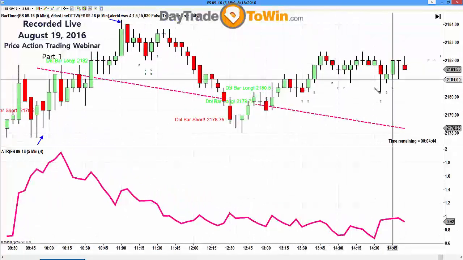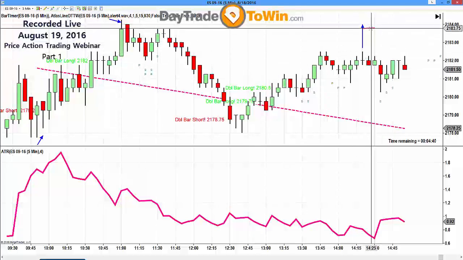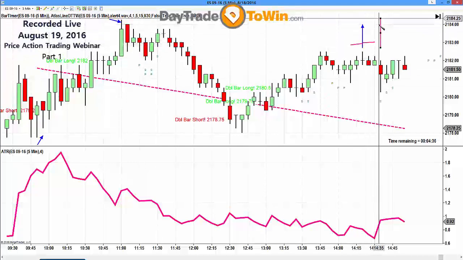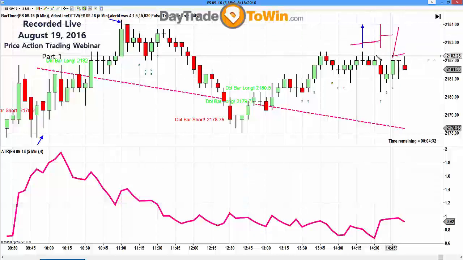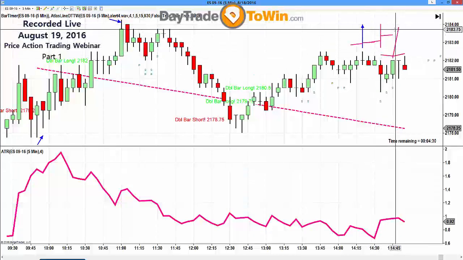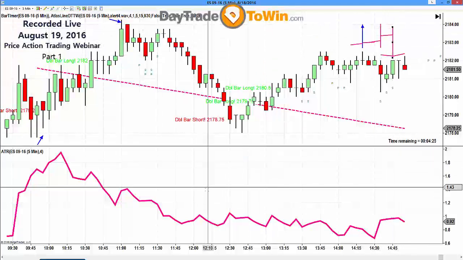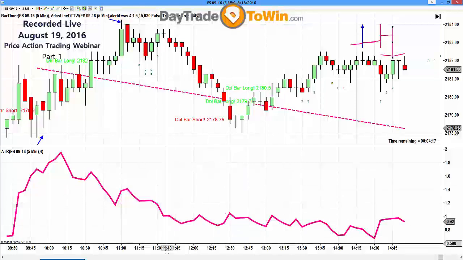All these things are telling you long, but if the market's not breaking through, the candle tries and fails, the next candle tries and fails. How many times is it going to try and fail before it eventually fails, right? This idea of price action, which I teach in the Power Price Action course, is very important.